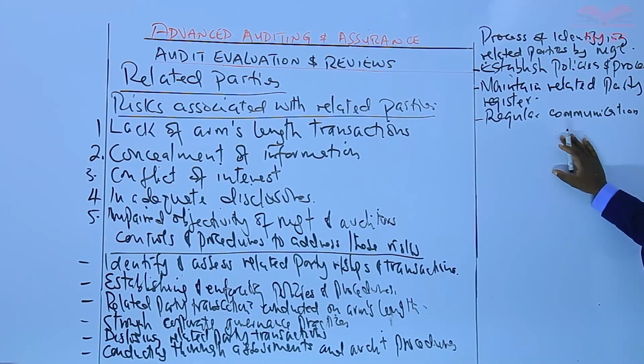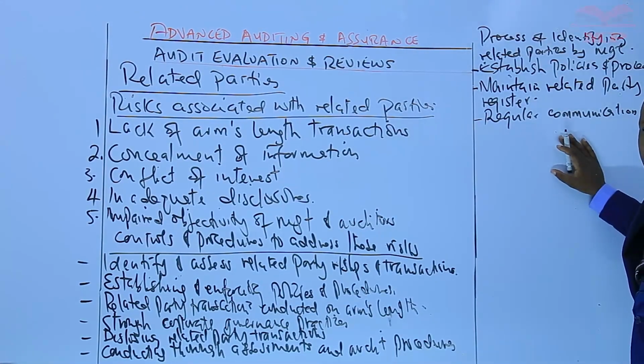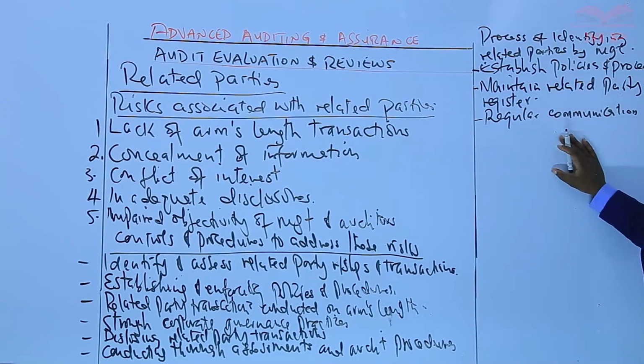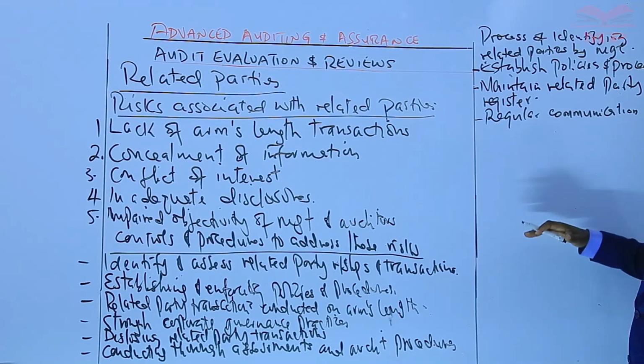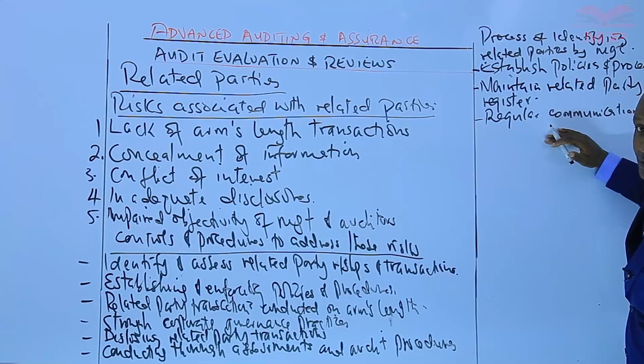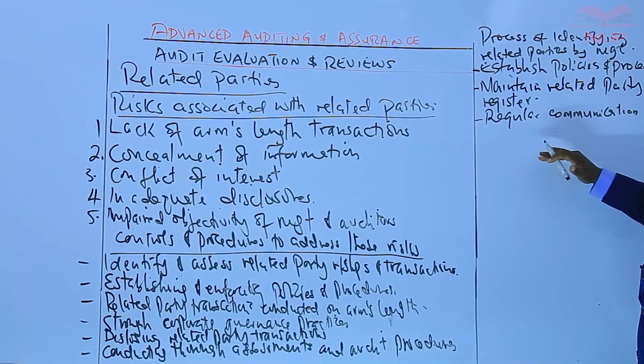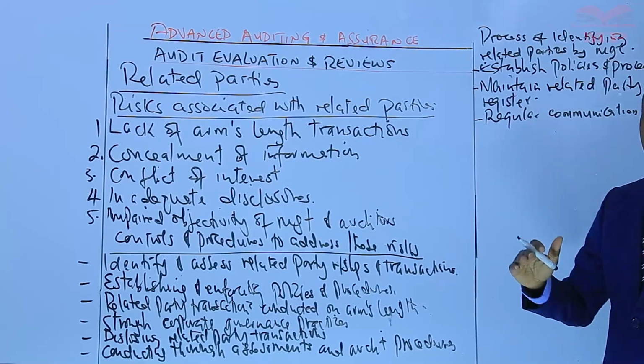This may involve discussions with the executives, the finance personnel, the procurement teams, and the legal counsel, among others. When there is regular communication with these parties, the management can identify related parties.